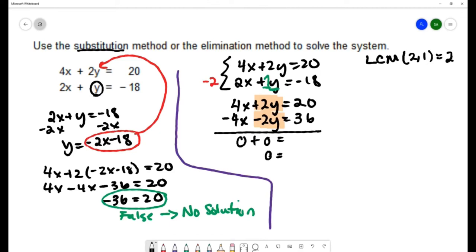On the right-hand side, we add those constants together and we get 56. So once again, all of our variables canceled out. We're going to look at this final statement, decide if it's true or false. 0 equals 56 is false. And that leads me to there being no solution to this system of equations.